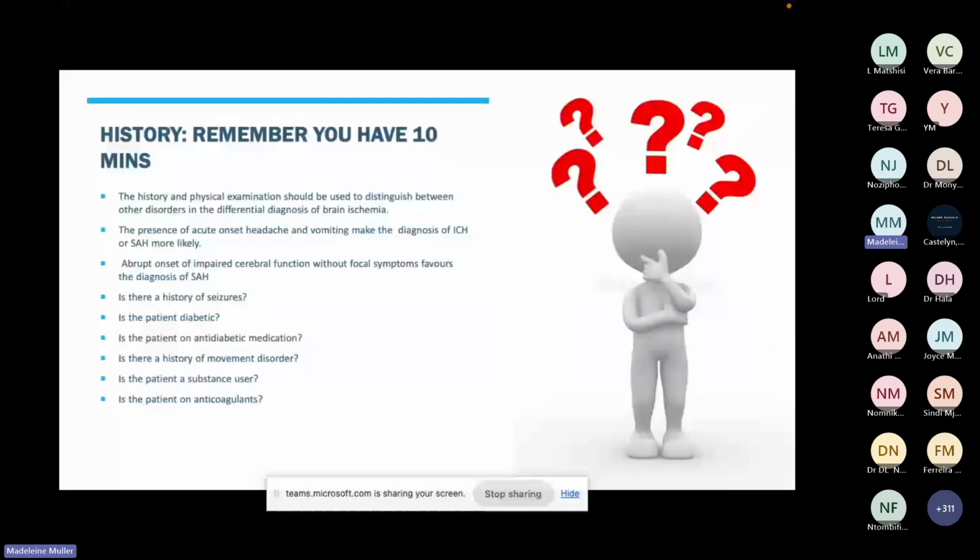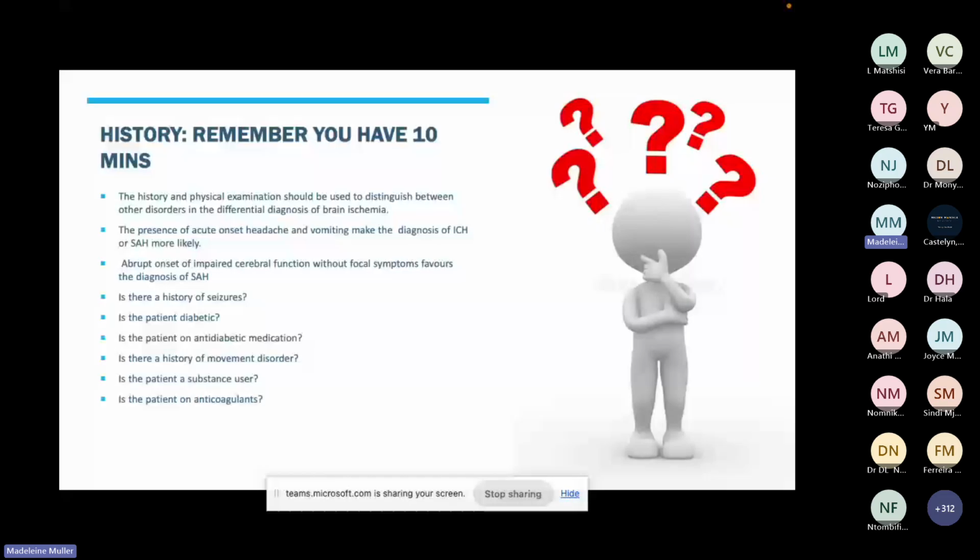All right, so the history and physical examination should be used to distinguish between other disorders in the differential diagnosis of brain ischemia. The presence of acute onset headache and vomiting make the diagnosis of an intracerebral hemorrhage or subarachnoid hemorrhage more likely. An abrupt onset of impaired cerebral function without focal symptoms favors the diagnosis of a subarachnoid hemorrhage.